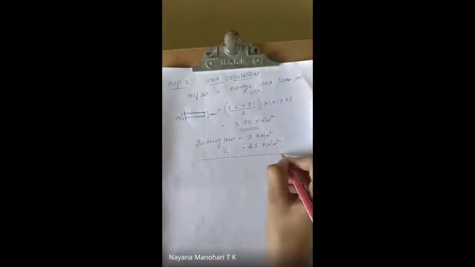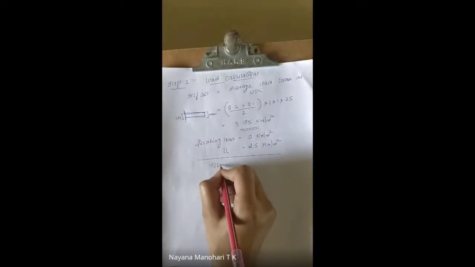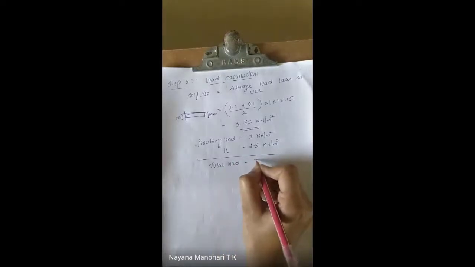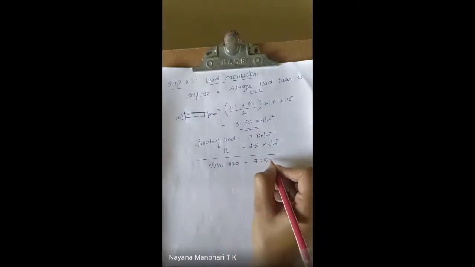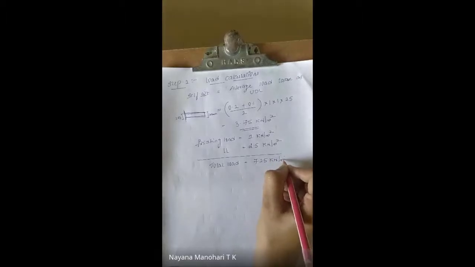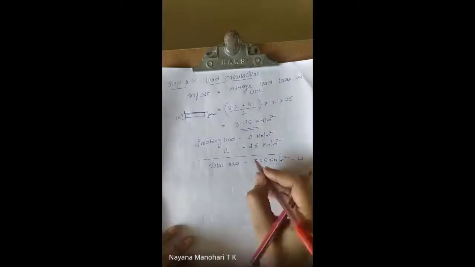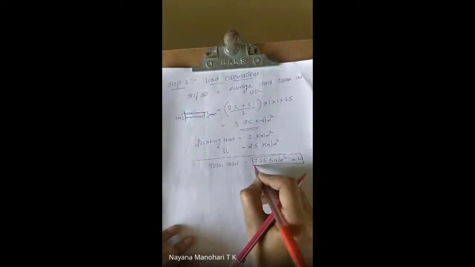Then calculate total load. You will get 7.25 kilonewton per meter square. This is your W.